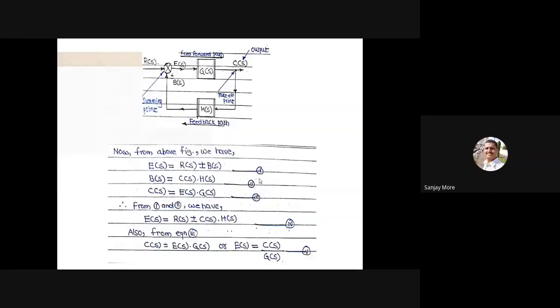From equation number 3, C(S) is equal to E(S) into G(S), or E(S) is equal to C(S) divided by G(S). This is equation number 5. Clear? Any doubt, any question?